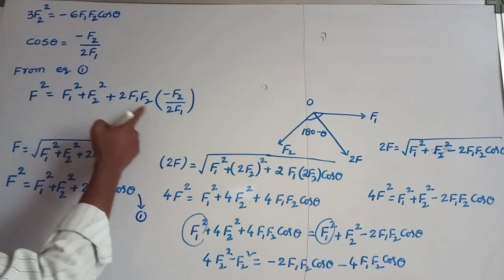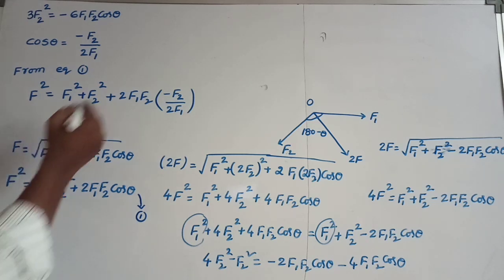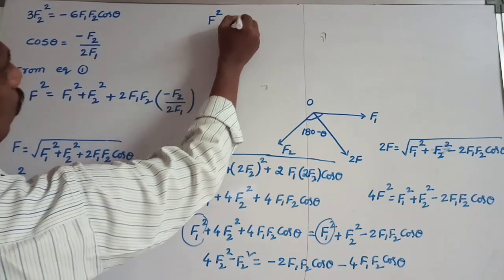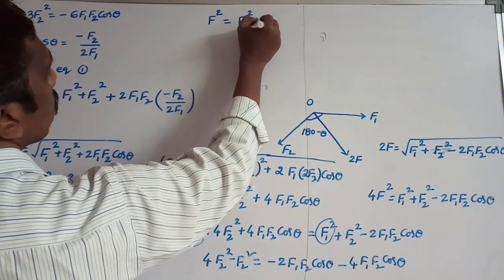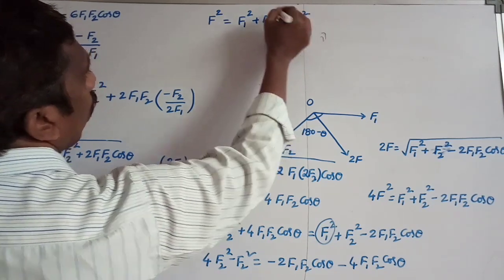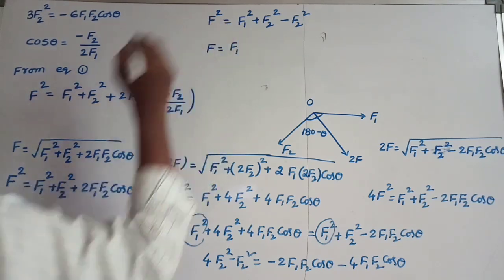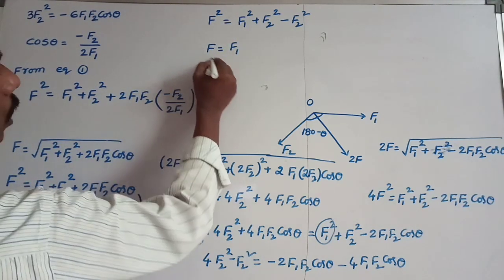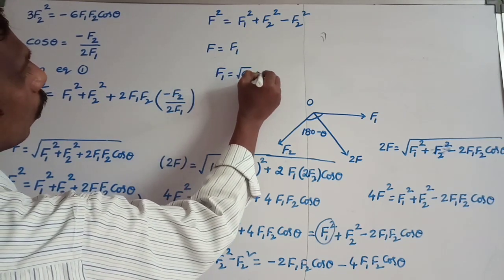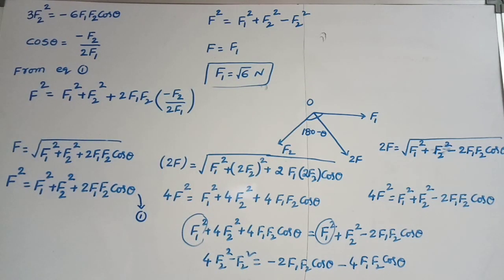In this, 2F1 gets cancelled, F2 square minus F2 square we get, then F square is equal to F1 square plus F2 square minus F2 square. Minus plus gets cancelled. From this we can get F is equal to F1. But already they have given F is equal to root 6. So F1 is equal to root 6 Newton. This is the F1 value, root 6 Newton.